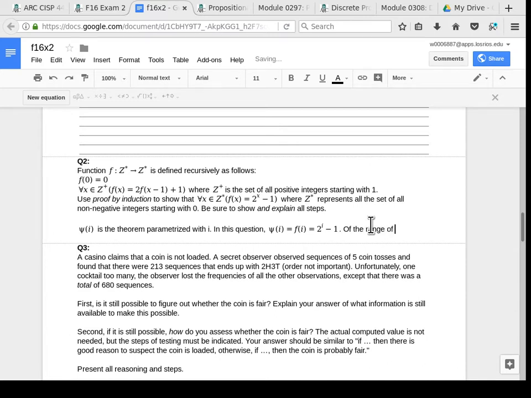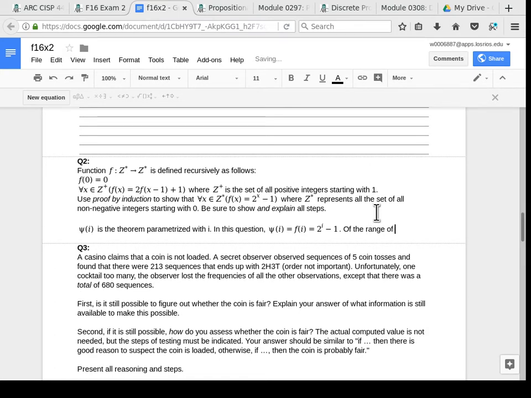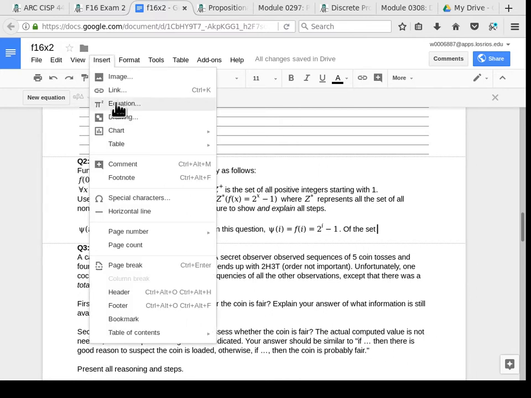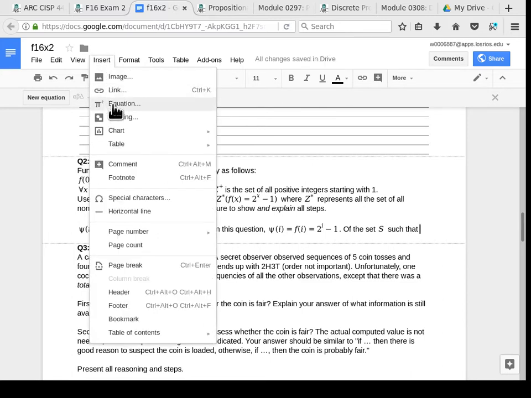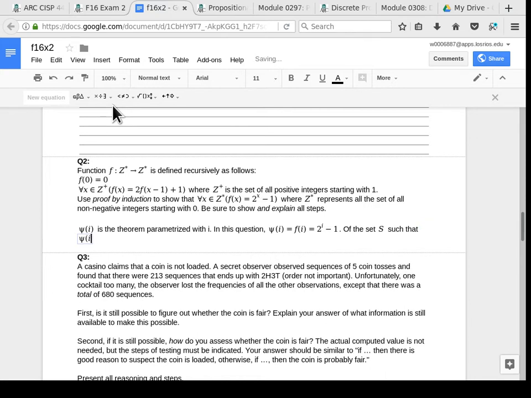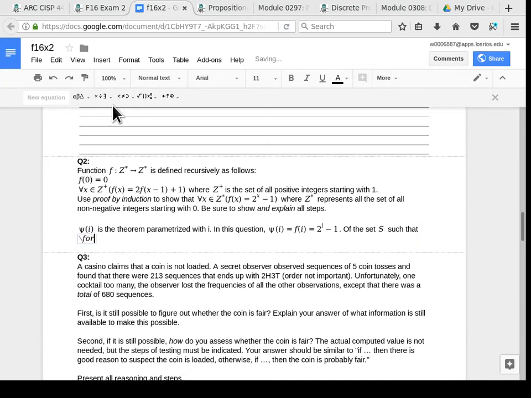Of the set S, such that for all i in this particular set S, psi(i) is true.